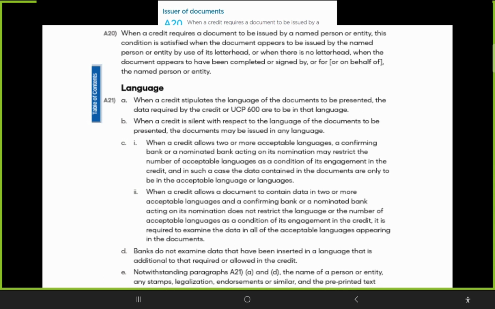That's why the nominated or confirming bank should be very careful. If any language is given as a restriction, and there are additional optional languages, the nominated bank before acting on the nomination, and the confirming bank before extending the confirmation, should read it clearly, add that restriction, and communicate it to the beneficiary.